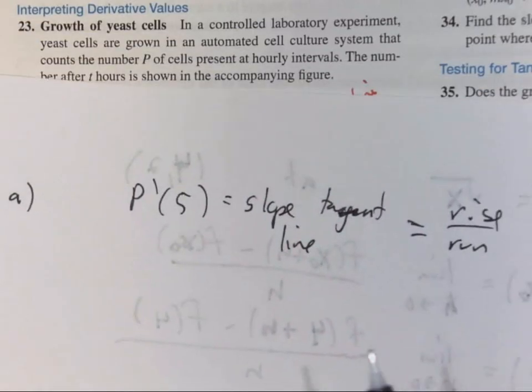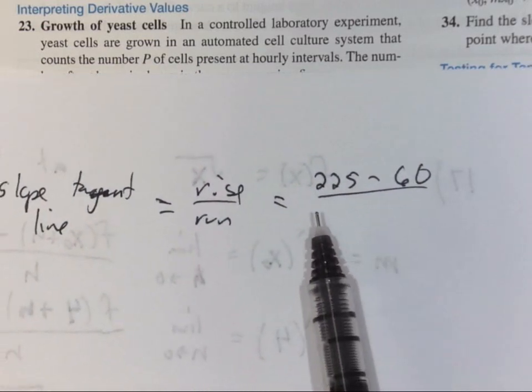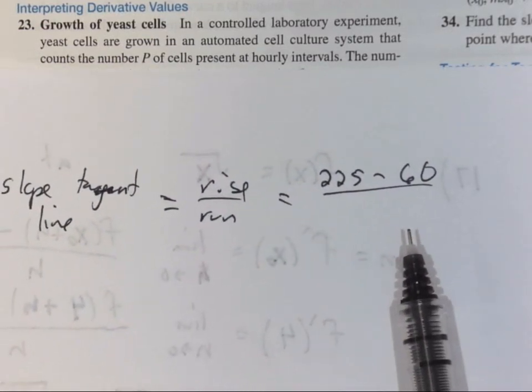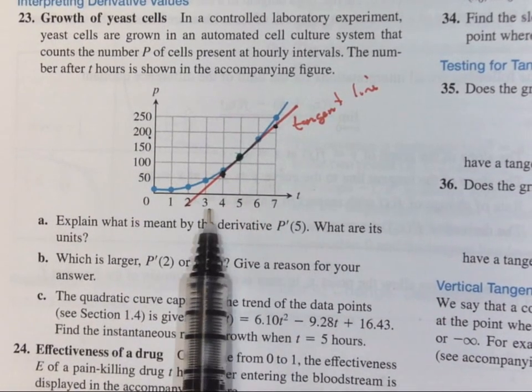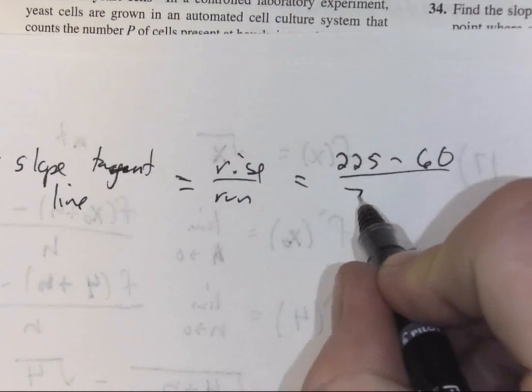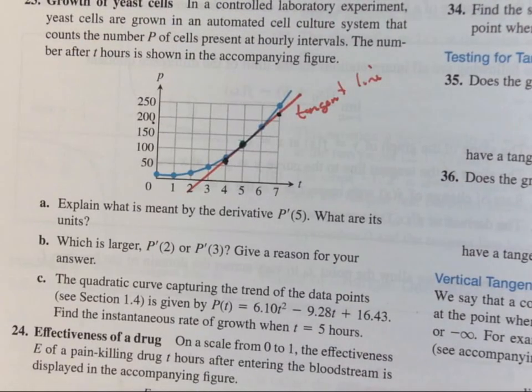The function's p, and the slope of the tangent line is rise over run, where the rise is 225 minus 60, right? y2 minus y1. Now for x2 minus x1, x2 is 7, x1 is 4. 7 minus 4, and then we're just going to kind of hope a little bit, right? See if we get an answer that's somewhat close to what they're asking.